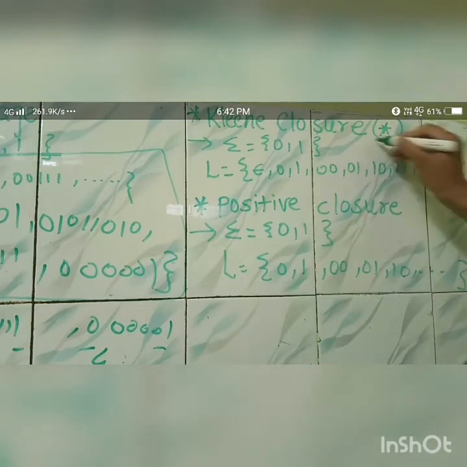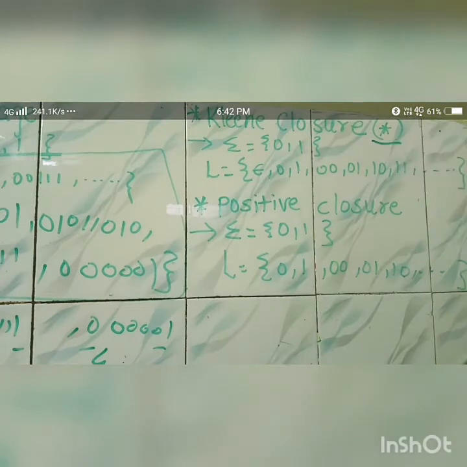For Kleene closure we use the star, and for positive closure we use the plus sign. When you are asked in the exam to find the Kleene closure of a set, then you have to write it like this, and when you are asked about positive closure, then you have to write it like this.